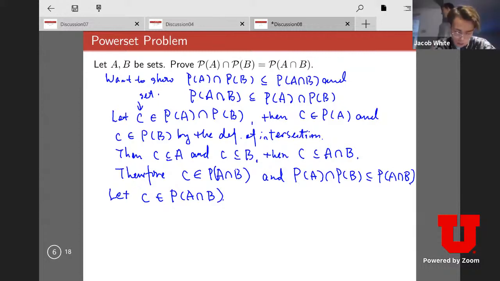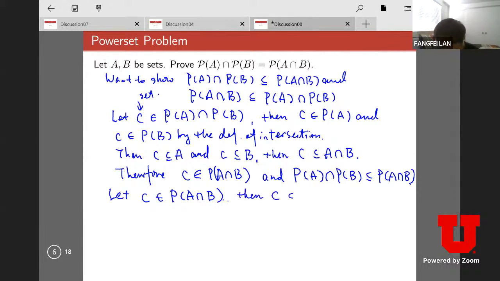Can we say that C exists in P of A and P of B? But don't you say that C is a subset of A intersect B? Yes, that is a better way of doing it. So then C is a subset of A intersect B.